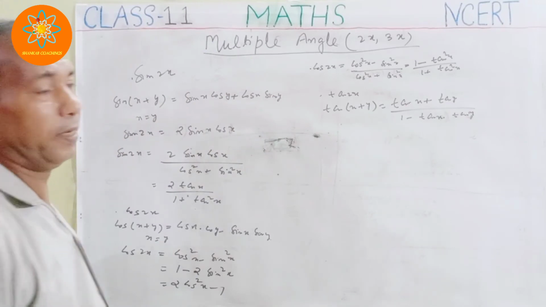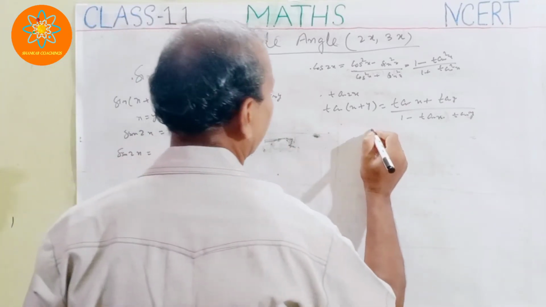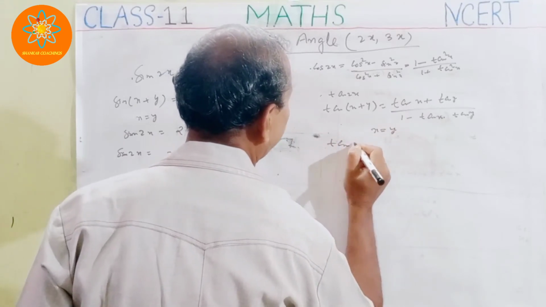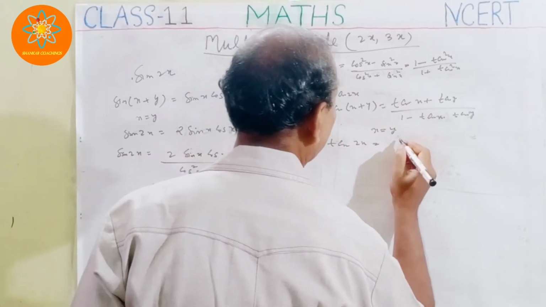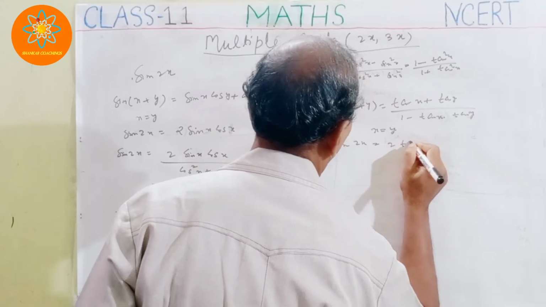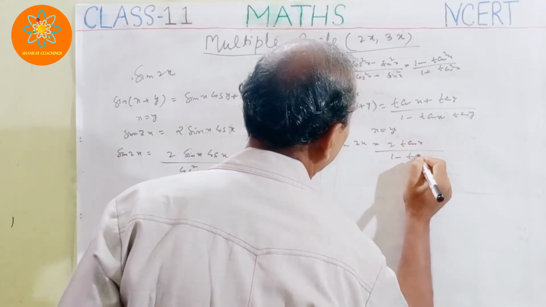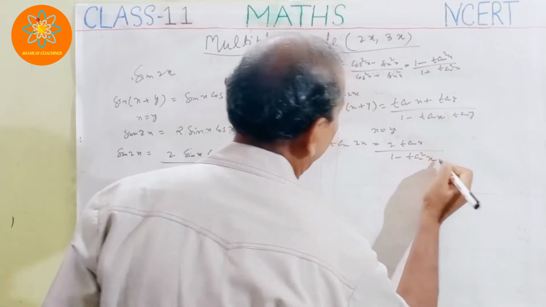Now if I put x equal to y, this is tan 2x, and this is 2 tan x divided by 1 minus tan square x.